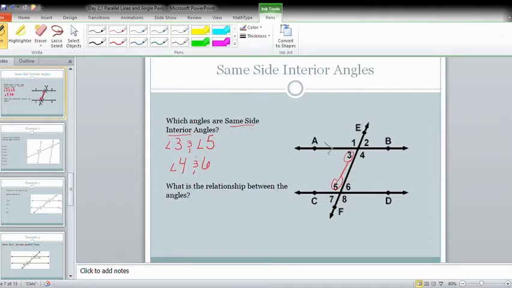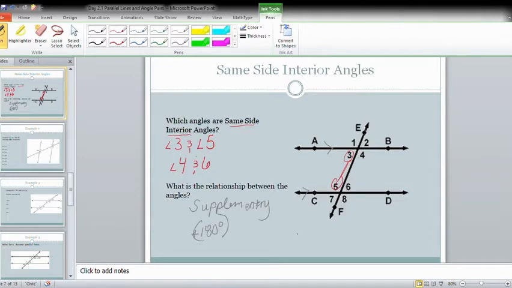If line AB is parallel to line CD, the relationship between same side interior angles is going to be supplementary, right? And we know from unit 0 that supplementary means two angles that add to 180 degrees, right?